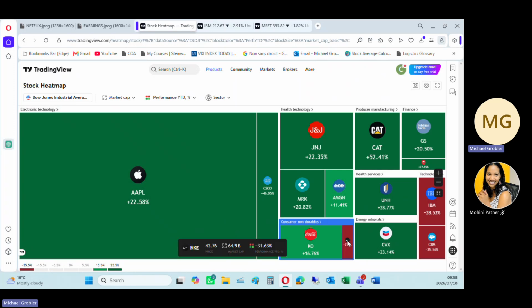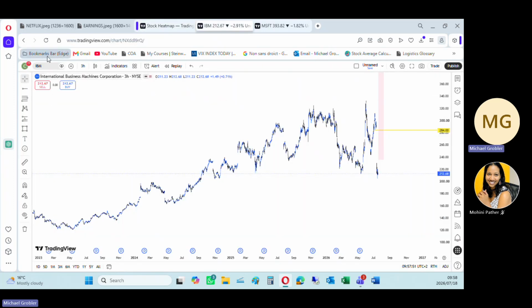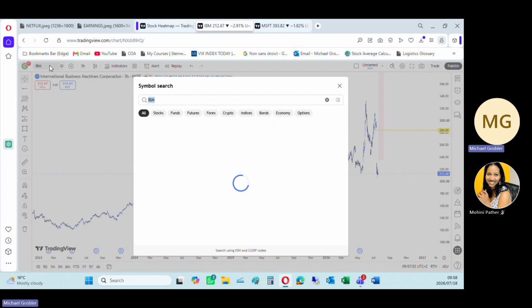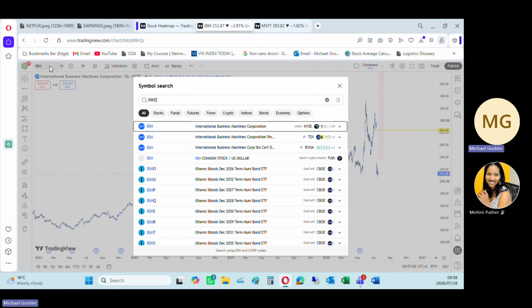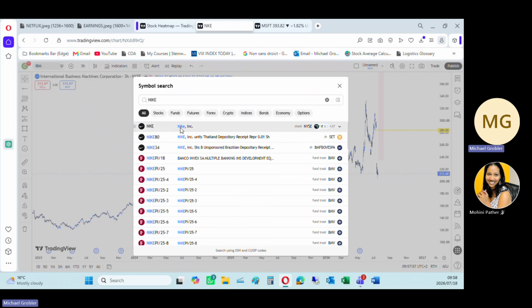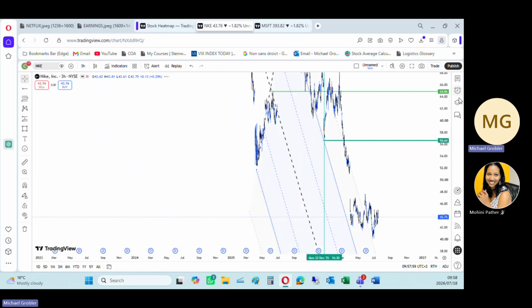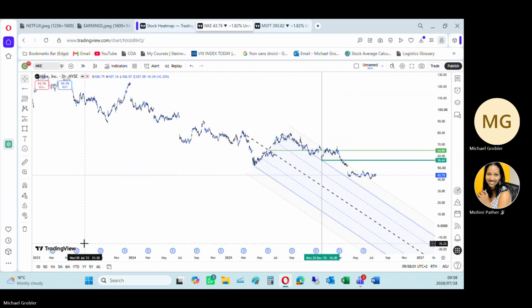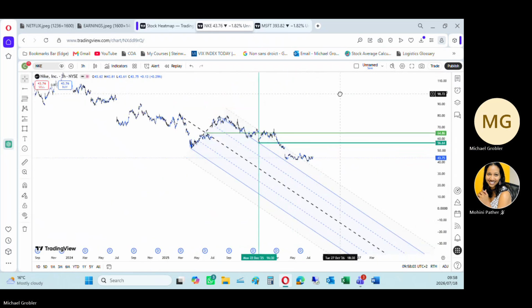Then you get poor little Nike down here, which is probably the most sold off Dow share. Let's look at it. I think a few people will end up buying this because it kind of looks like that, which is interesting.